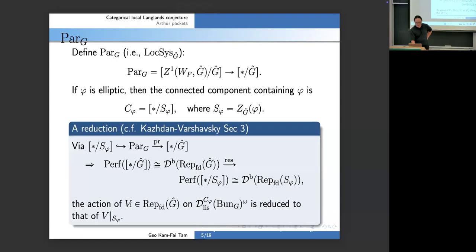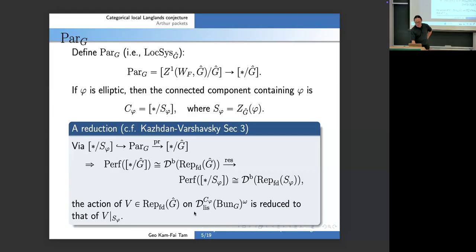Then for the action of a representation of G hat, you put it as a perfect complex on the classifying space of G hat.